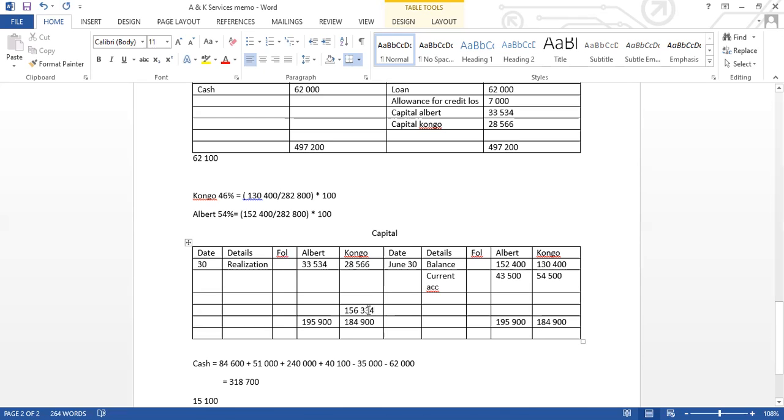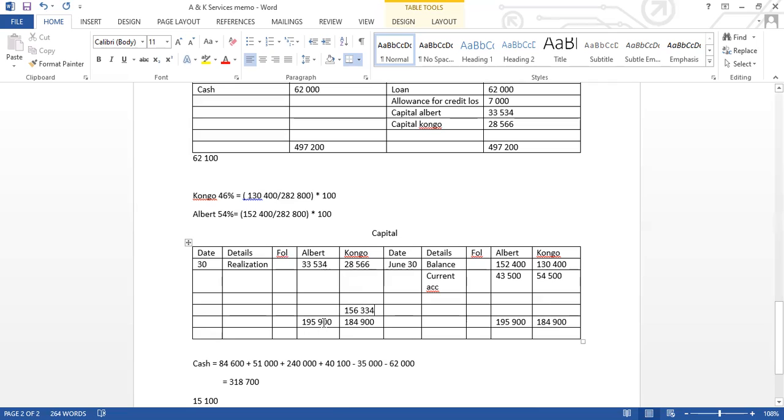This 156,334 is Congo's capital balance, and this is the total amount that he needs to receive.